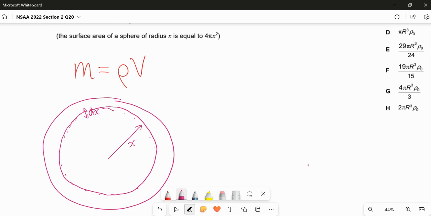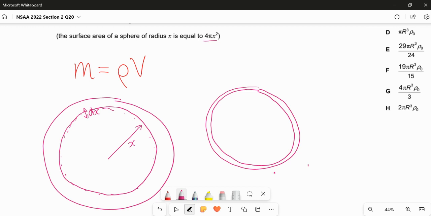Well, if we look at a shell like this, I'll just draw here to emphasize that it does have some thickness. The question has been helpful in giving us a hint that the surface area is 4 pi x squared. And then based on what I've been saying, we know that the thickness is dx.